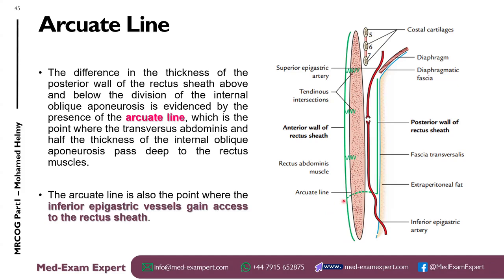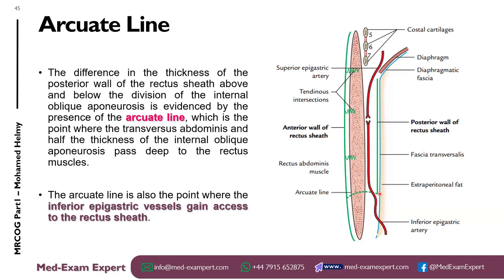So the rectus sheath is just made by aponeurosis anteriorly and posteriorly by this blue color, which is the fascia transversalis. This crossing of the aponeurosis, and the line which marks the end of this splitting and movement of all aponeurosis from posteriorly to anteriorly, we call it the arcuate line.